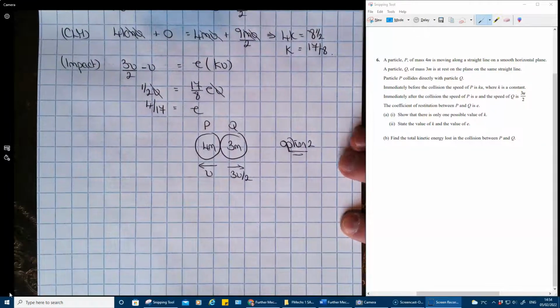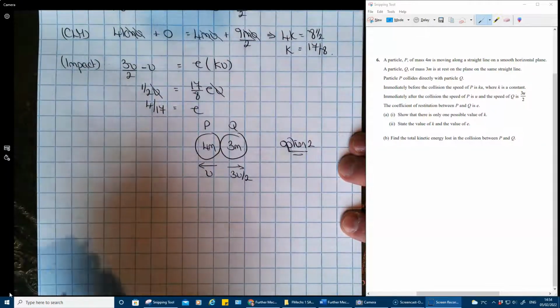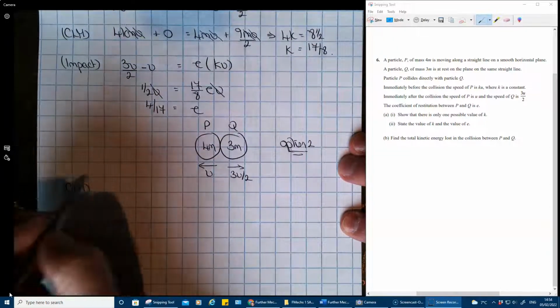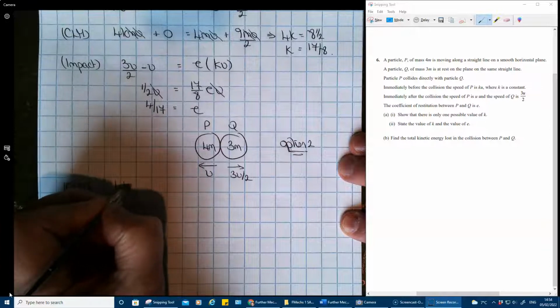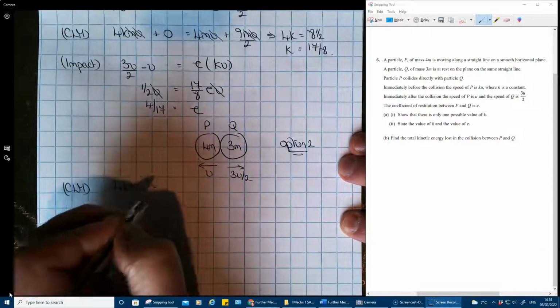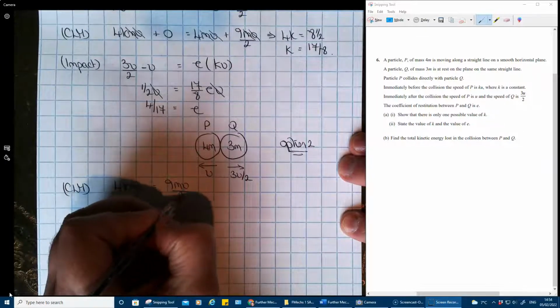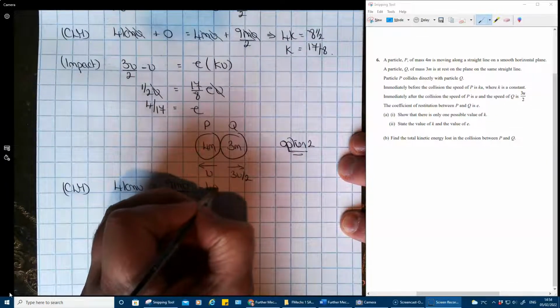So we do the conservation of linear momentum again, and we get 4kmu equals 9mu over 2, take away 4mu.